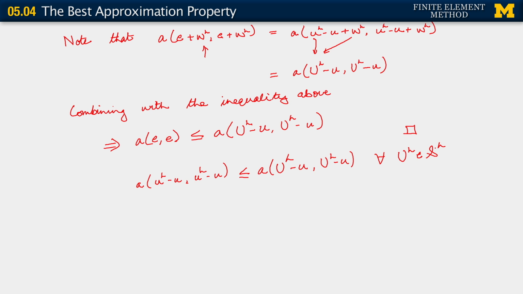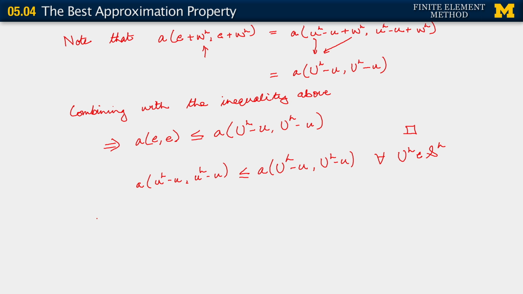But little UH, the finite element solution, also belongs to SH. So what the finite element method does is that it picks for us, as the finite element solution, that member of SH that minimizes the energy norm of the difference between the function and the exact solution. So it's in this sense that we have this best approximation property.